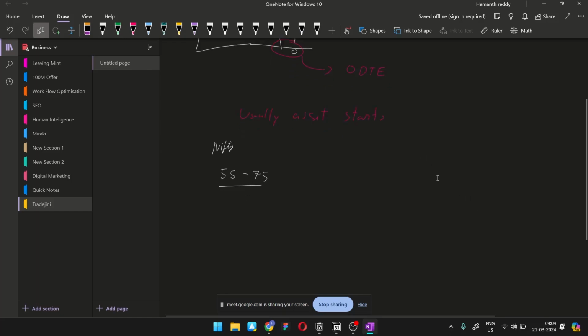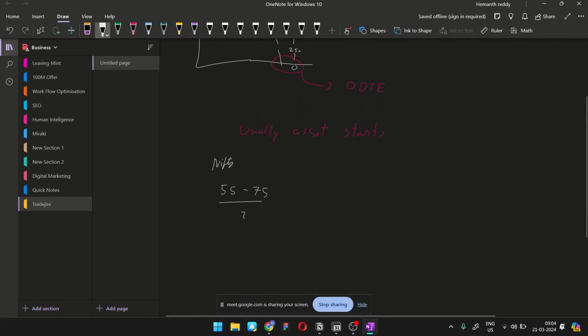Now to understand what happens to this premium, you need to divide the day into 3 to 4 slots. As we get closer to expiry, the option starts to decay closer and closer towards zero. Let's say it starts at 55. Within the first hour, there might be some volatility, movement upside and downside, so not much decay will happen.